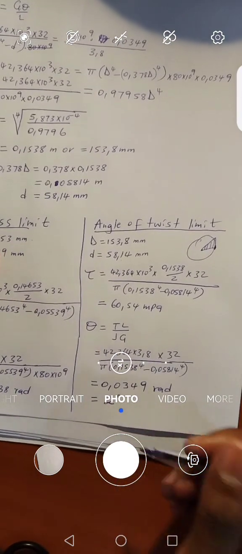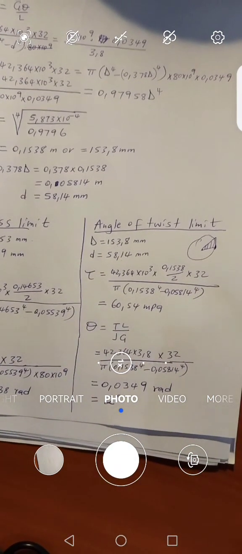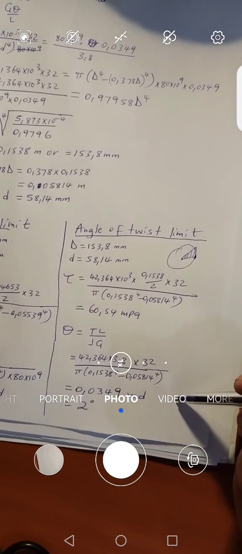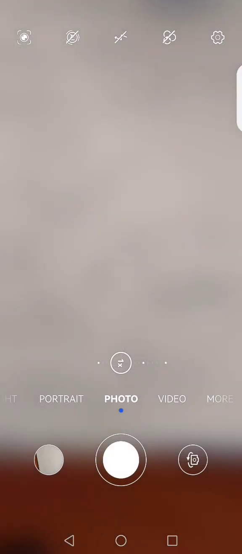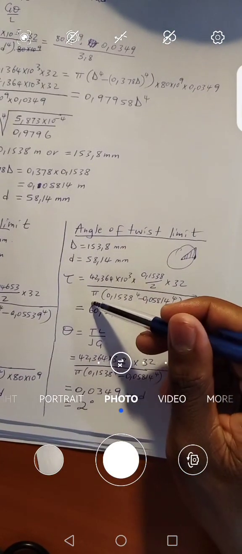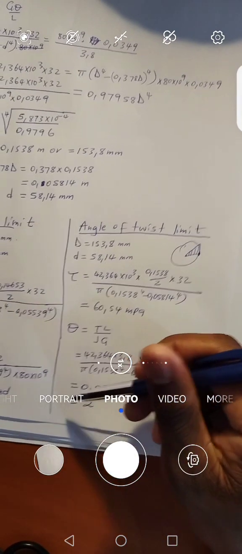These 2 degrees are still meeting that condition. Therefore, the right dimension that will meet both conditions will be this one. Stress is less than 70. The angle of twist is equal to or less than 2 degrees.